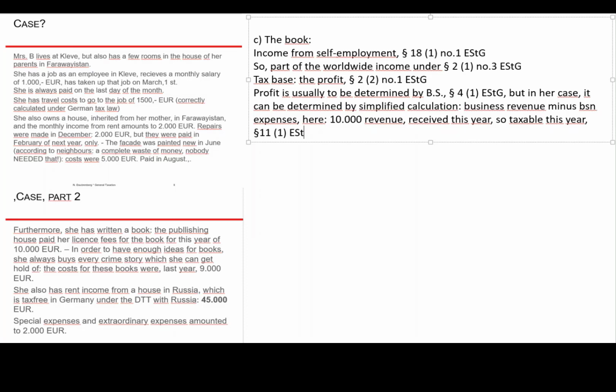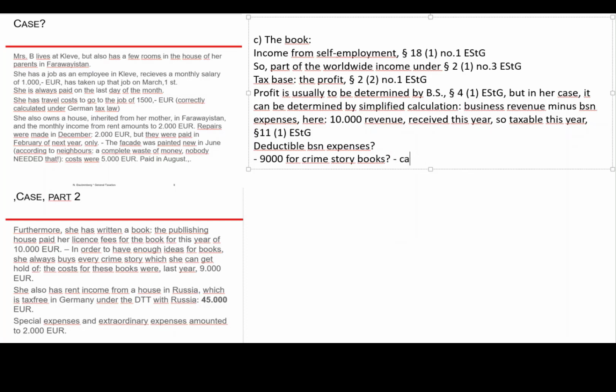11(1). Deductible business expenses. Now let's check 9,000 euro for crime story books.